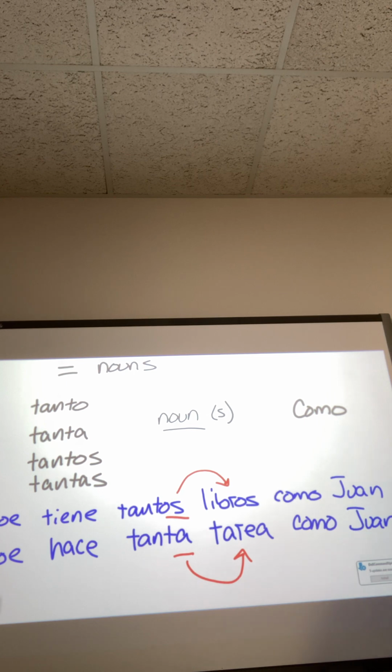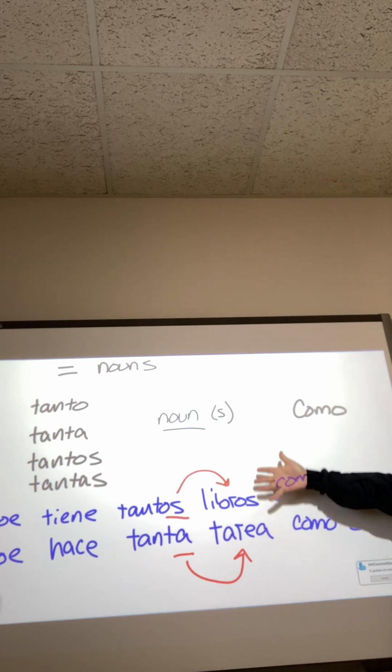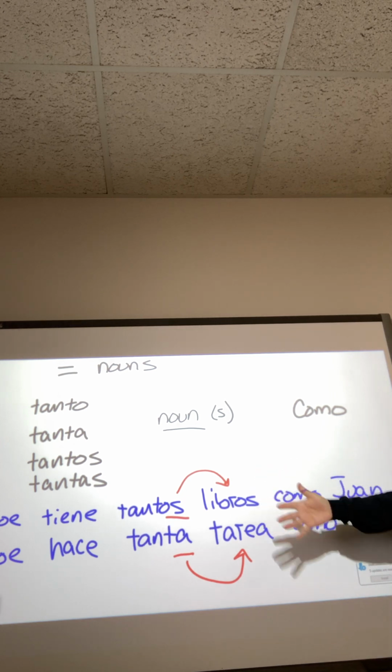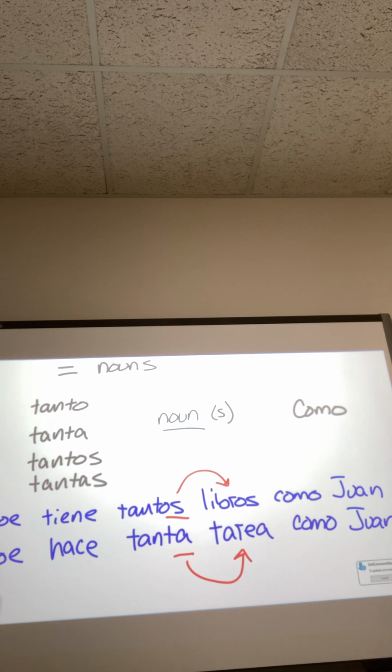So once again, you can use it for people if you're talking about yo tengo tantos hermanos como Logan. I have just as many siblings as Logan. We have the same amount. But typically, it will be like things that you're comparing. So Joe tiene tantos libros como Juan.